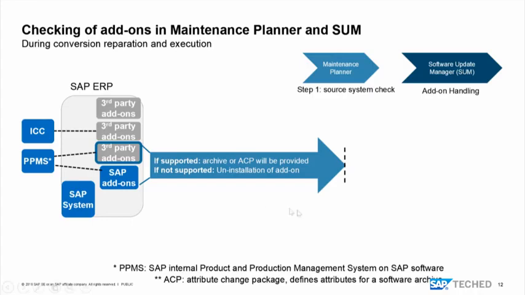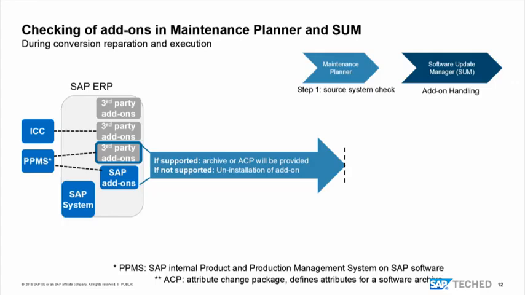If it's not supported, then the partner or SAP will have to provide a new version, or provide what we call an ACP, attribute change package. You can imagine that partners develop an add-on, and this add-on may be valid for release 1809, and the partner will check whether the same add-on in the same version may be valid for 1909 as well.